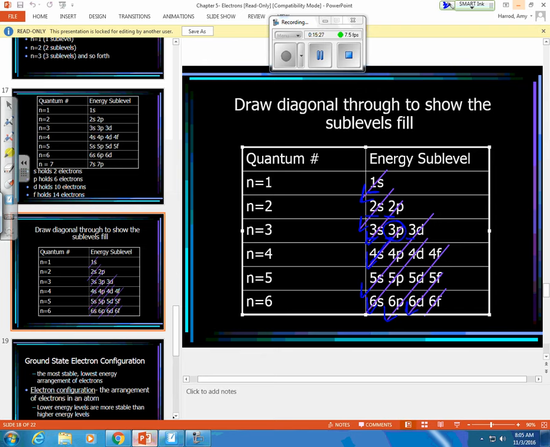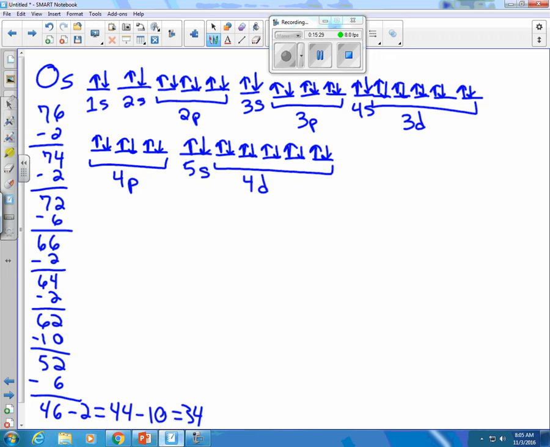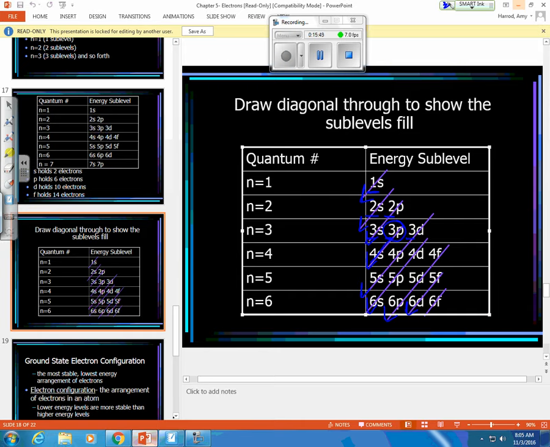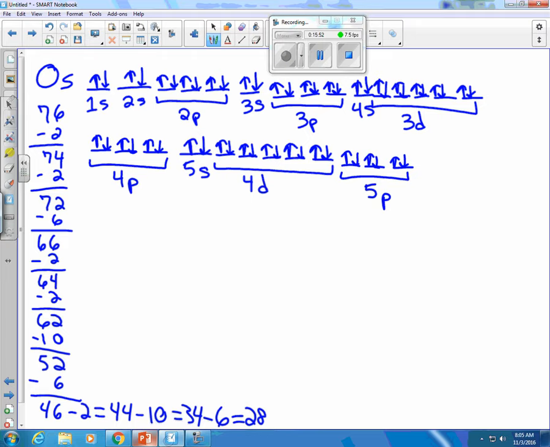After my 4d, I go to 5p. Down to 28. Now I'm at 6s, jump up to the 6th energy level. I just used 2, I have 26 still.